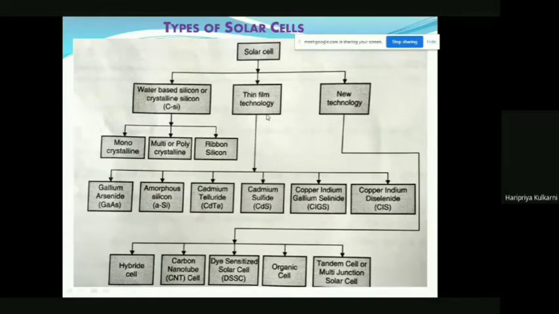Likewise, I've shown only these types here: mono, multi, poly, ribbon. The ribbon structure is like a ribbon. Otherwise, silicon itself is the material used for wafer technology. The other types which I have not mentioned here are the microcrystalline and amorphous.